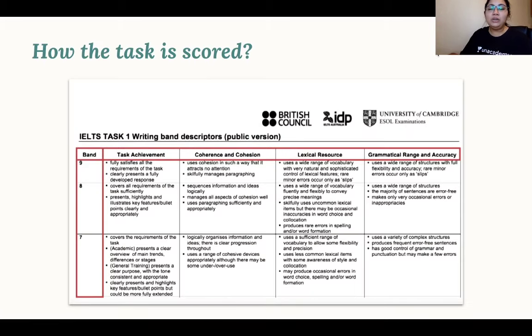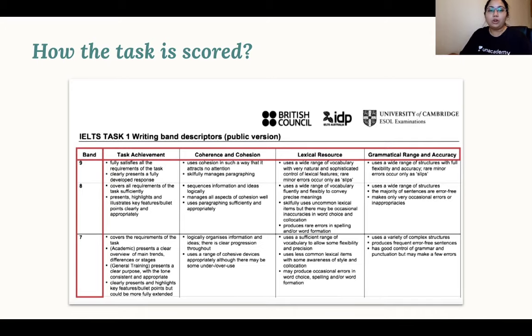Okay, so now let's quickly move into the major requirement for you to score band 8. You have to know the writing band descriptors, which really tell you how you might have to write and what the examiner expects when they have to give you that 8 plus band.